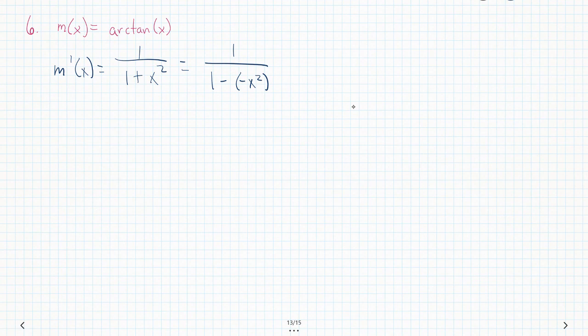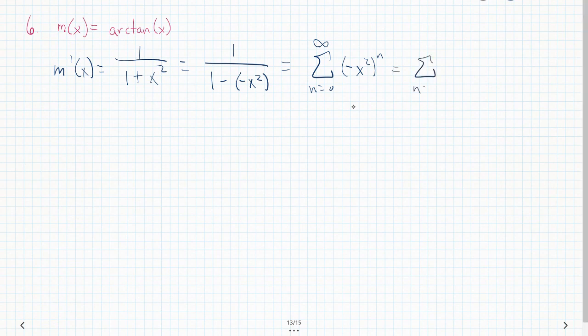So in this case, what happens? Well, that is the same thing as the summation n equals 0 to infinity of negative x squared raised to the n. We can rewrite this as a summation n equals 0 to infinity of negative 1 to the n times x to the 2n.